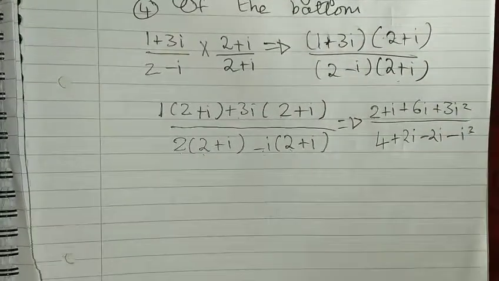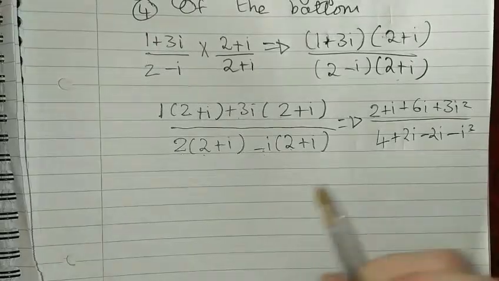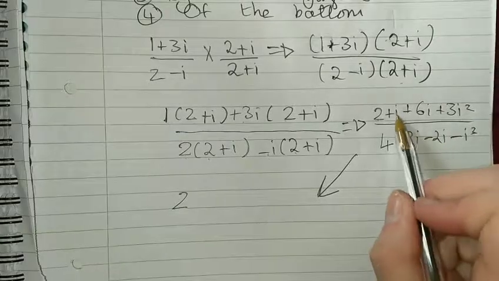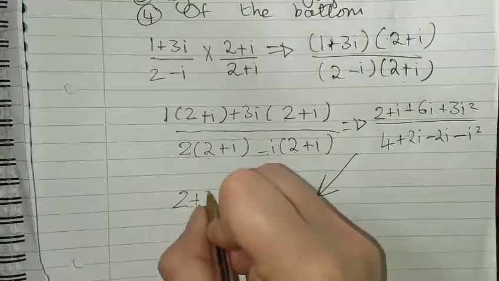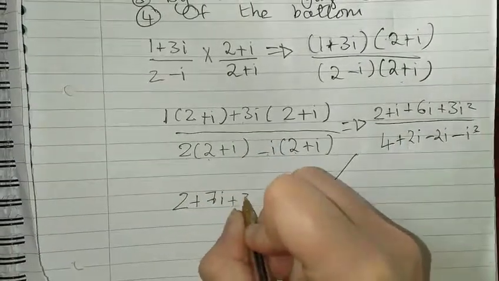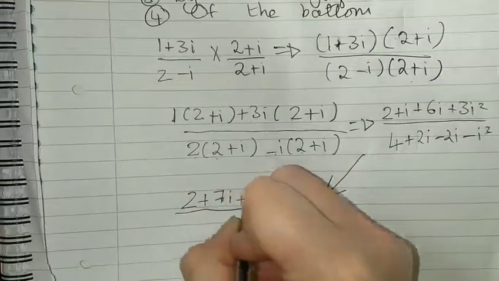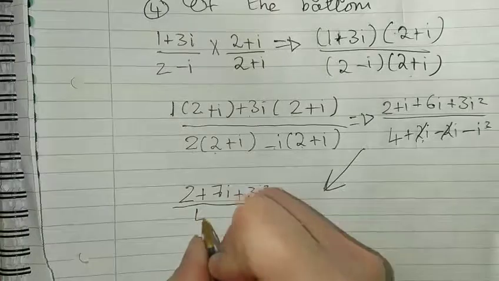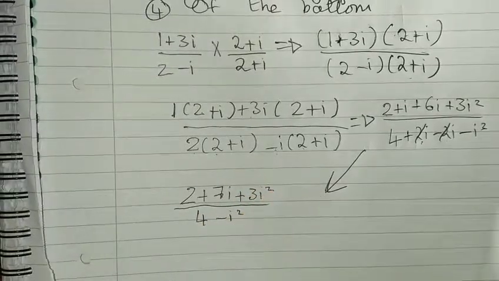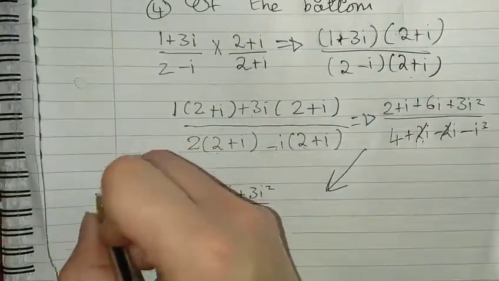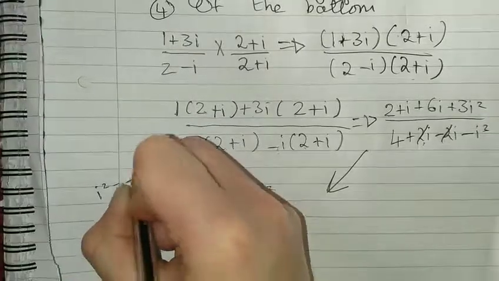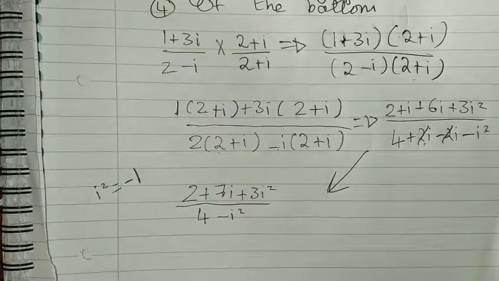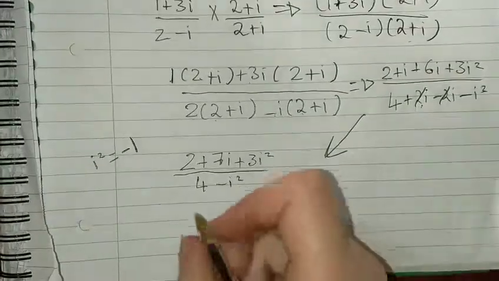So we're going to try to simplify this a little. So I have 2, then i plus 6i, so that will be 7i plus 3i squared, and then 2i minus 2i, so that'll just be 0. So 4 minus i squared. But in the question, and I would recommend knowing this as well, it says that i squared is equal to minus 1. So wherever there's an i squared, I'm going to sub in minus 1.